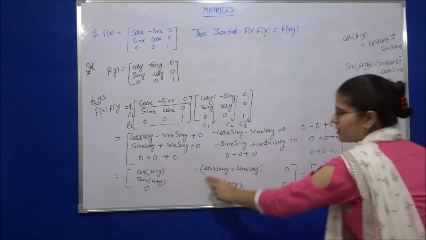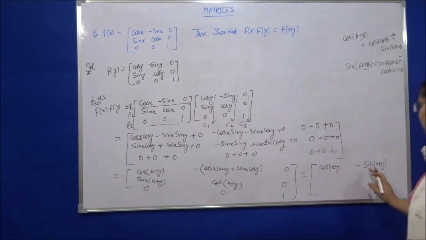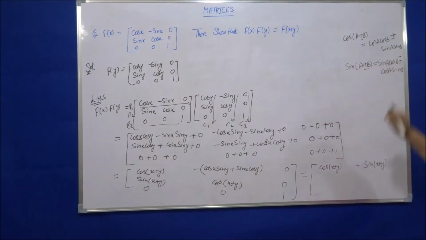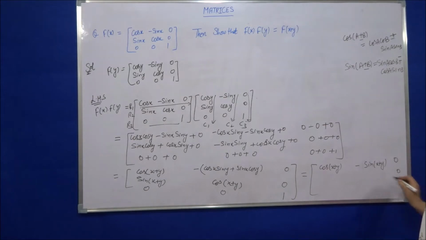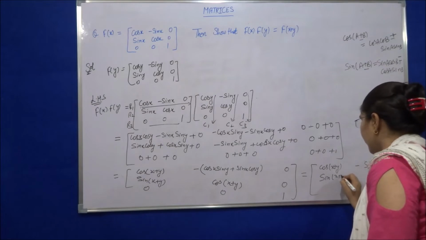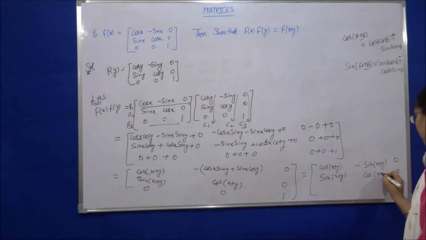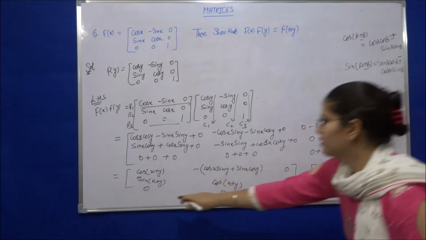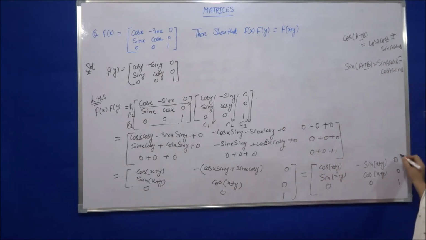Negative of sin A cos B plus cos A sin B will be sin of A plus B. Then 0, 0, 1. It will be sin of x plus y, cos of x plus y, 0, 0 and 1. So this is our matrix.